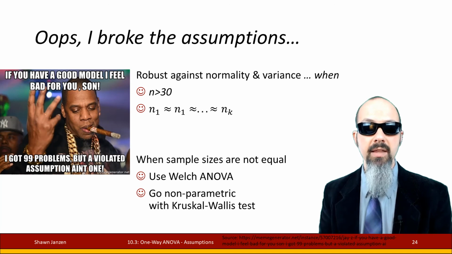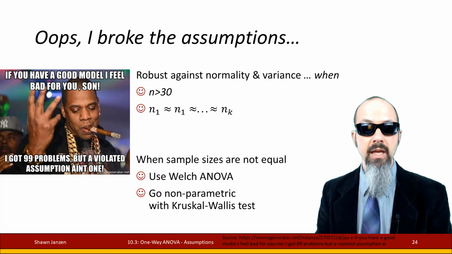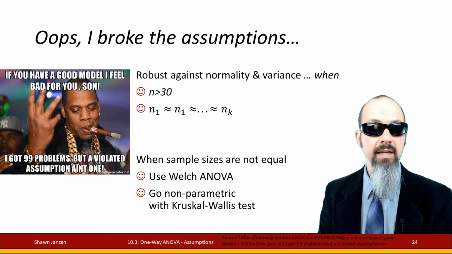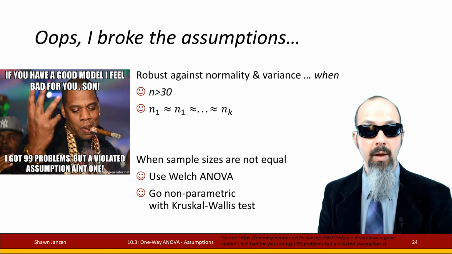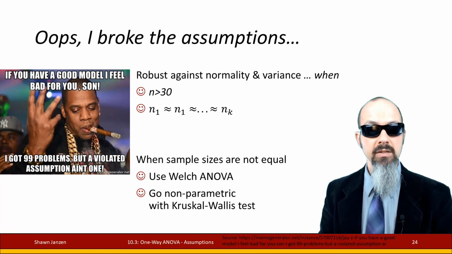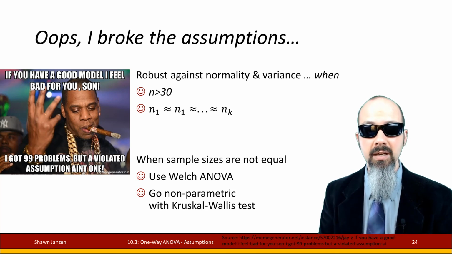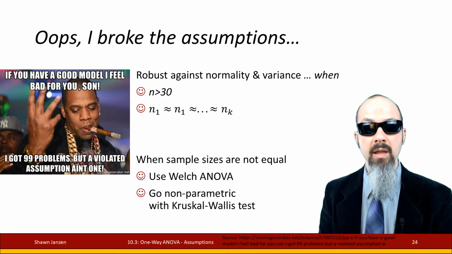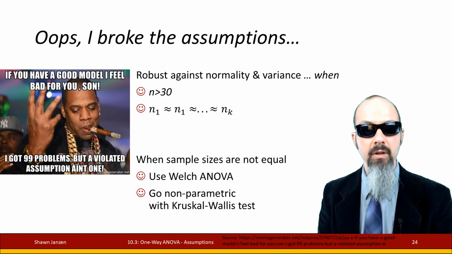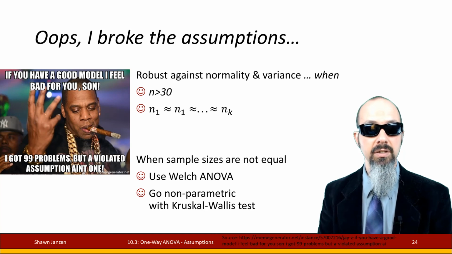So just keep in mind then that these are the different assumptions we're going to have, and if you start violating some of the assumptions, what do we need to worry about? Well, I said before, as long as your sample sizes are relatively equal to each other, and they're also a little large, being larger than 30 in total, then you're good for a lot of the things that are dealing with normality and variance issues.